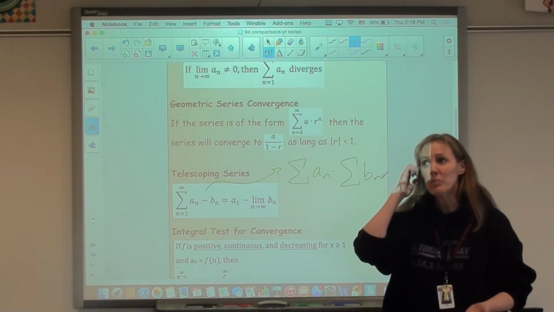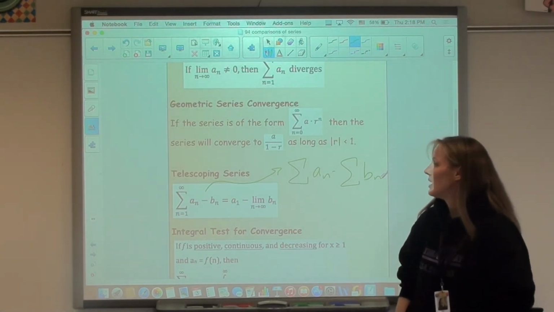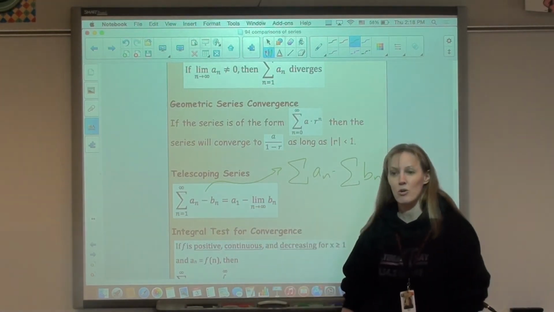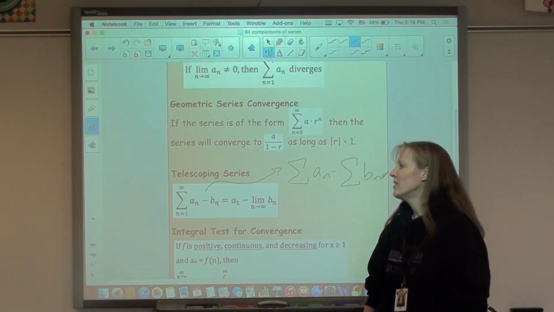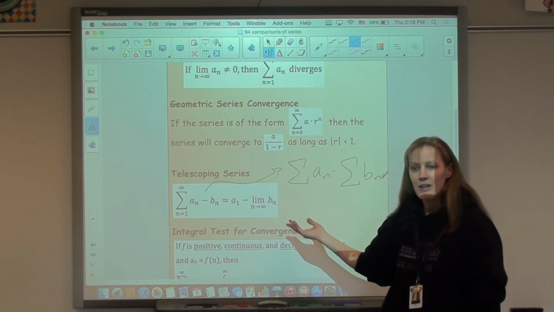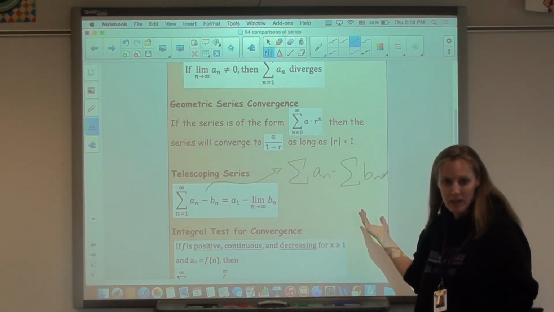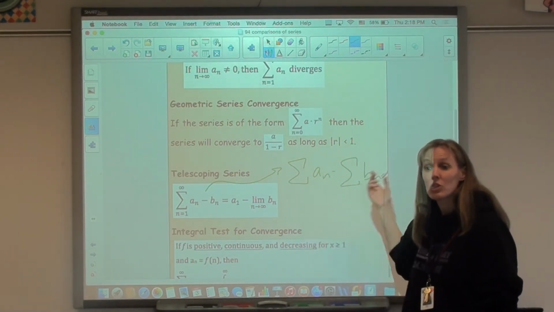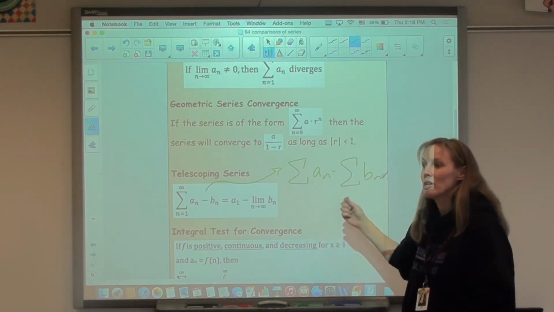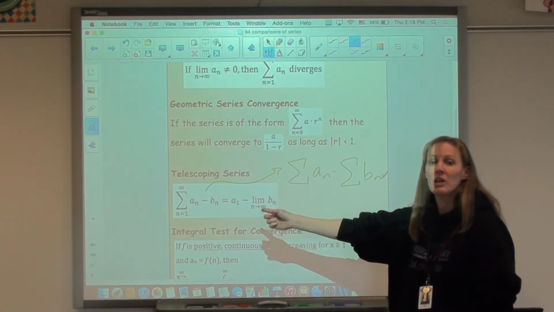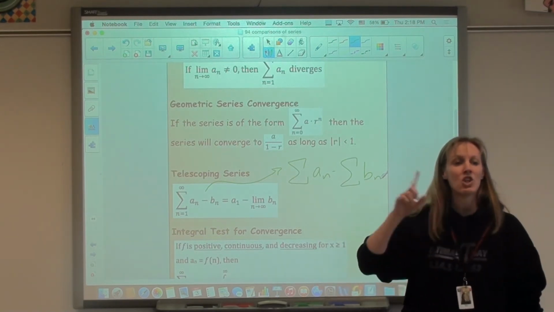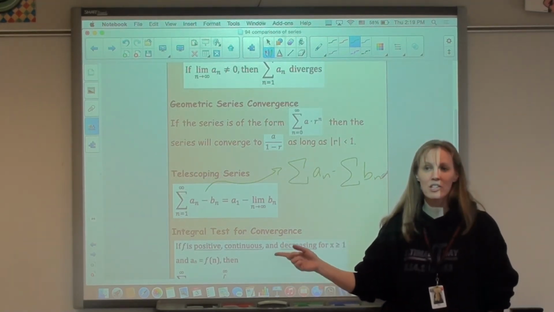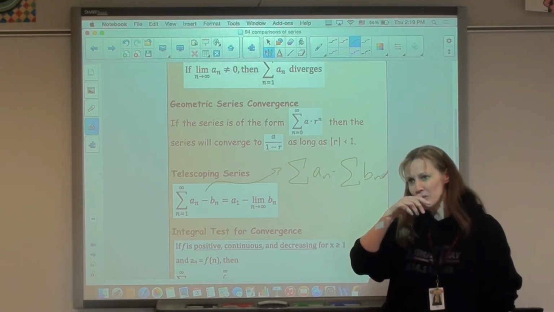So this morning, I was looking at today's notes and I saw the telescoping. And it occurred to me that if we have a 1 over n minus a 1 over n, something like that, where it would be a telescoping, you'd have a diverging minus a diverging, but it would converge because it's telescoping, right? So then I went and talked with one of the other math teachers. I actually talked to Ms. Johnson, because she was in again this morning.